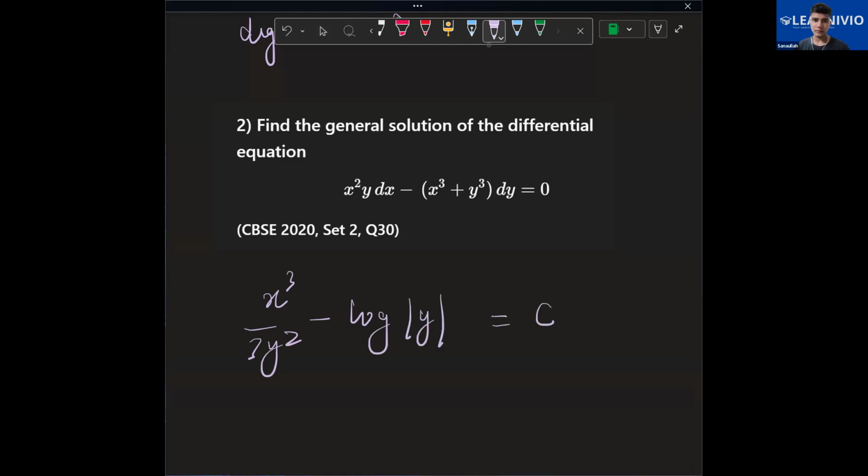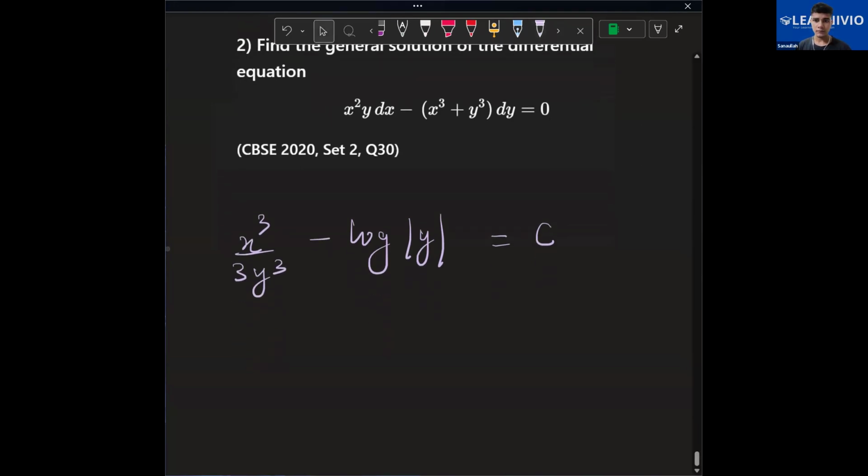Sir, 3y cube. What is your answer, Julina? Same answer, sir. Tell me, is there any issue if I write this as a minus and this as a plus? Can the teacher cut your marks here?